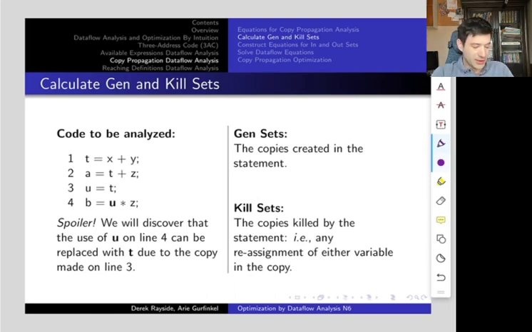In particular, whenever we have a data flow fact u3, it will be killed by a statement that changes u, clearly, because then u is no longer the right assignment, but also by a statement that changes t, because at this point, again, u no longer equals t.